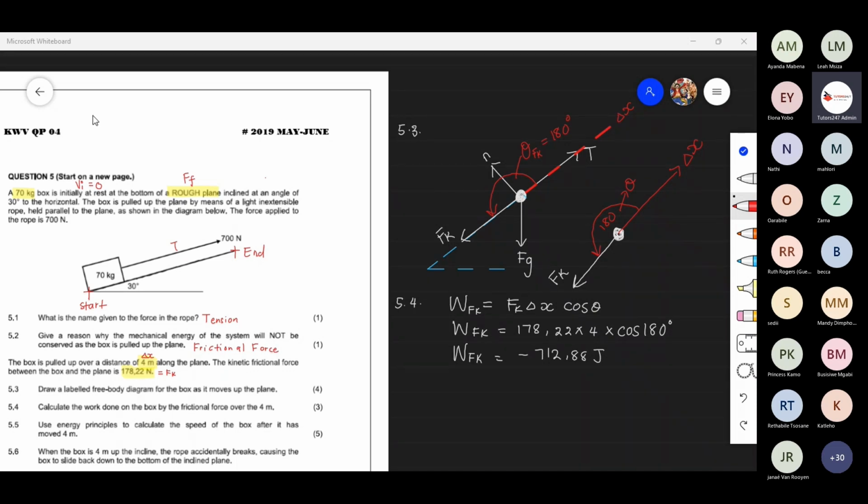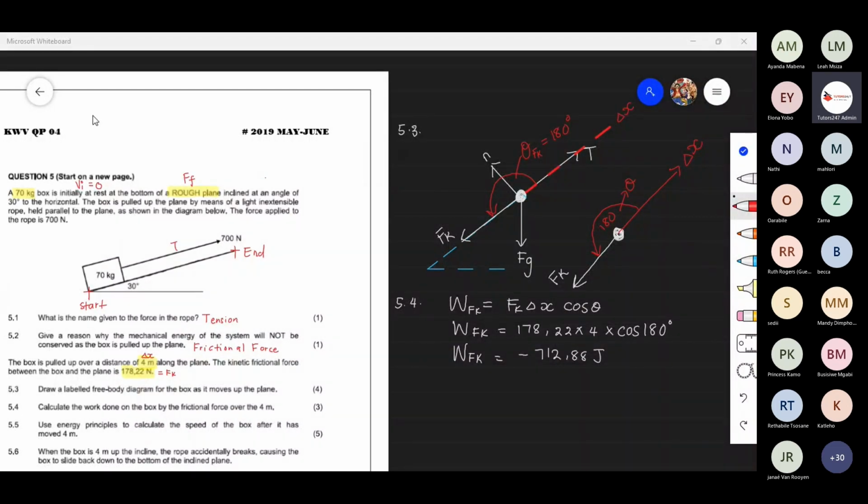This theta is always from displacement to whatever force you are calculating. So that's what you must look at. You can do what I just did now. You can draw them separately and see what the angles are, if you struggle to do it when there's a lot of vectors on one free body diagram.